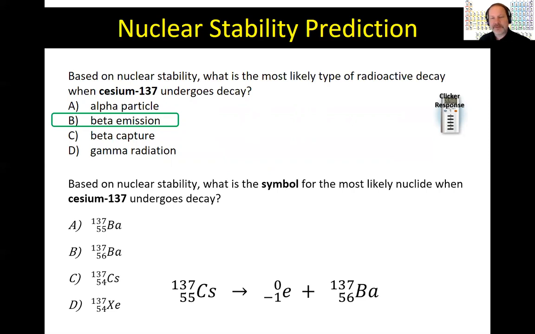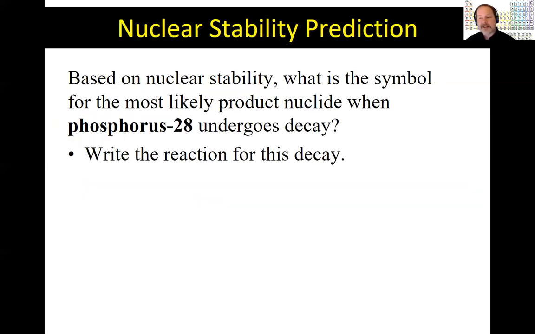As cesium gives off an electron, we know that the masses and charges need to add up. When I say charges, I mean the nuclear charges, the Z number. So we end up with barium-137. We can think through the process of which elements could undergo decay, and we can make these predictions.